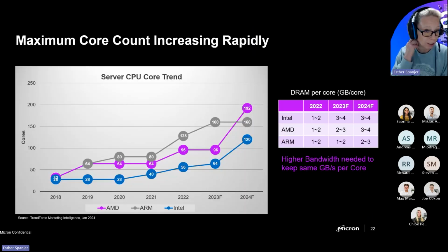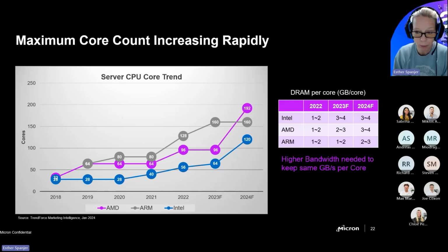So when we're looking at getting more and more performance out of our AI servers, the first thing that you will see is that these servers are going to utilize CPUs that have more and more cores in each CPU. This graph shows you the trend of the different CPU manufacturers and the maximum cores per CPU that they're bringing to the market.